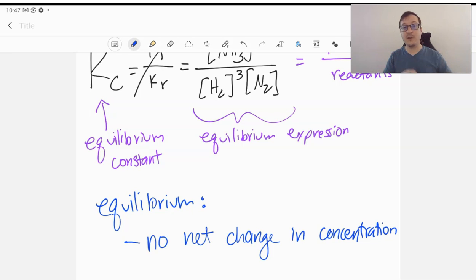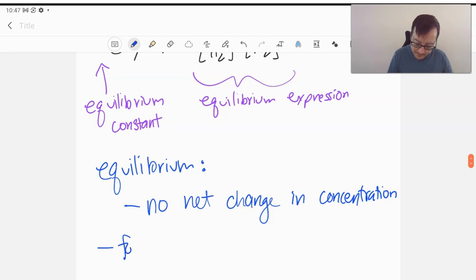So our amounts of hydrogen, nitrogen, and ammonia stay the same. Of course, it's not to say that all the same molecules of hydrogen are there over time. They are reacting, but the ammonia is breaking down at the same time, at the same rate. So things are becoming ammonia. Ammonia is becoming the hydrogen and nitrogen again. And so the forward and reverse rates are equal.